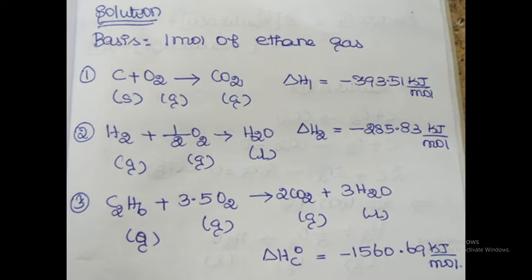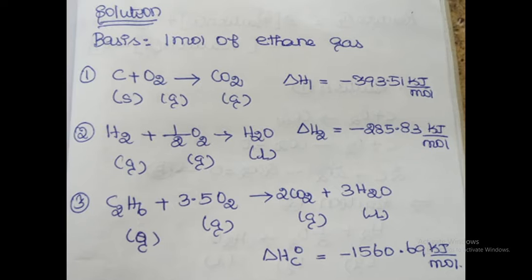This is the given data. Second one, H2 plus half O2 gives H2O, hydrogen and oxygen in gaseous form, water in liquid form.